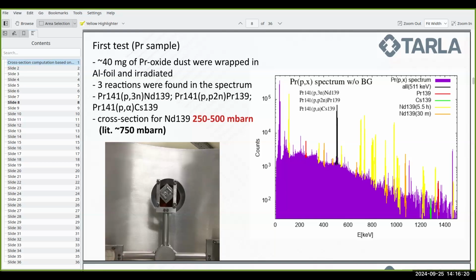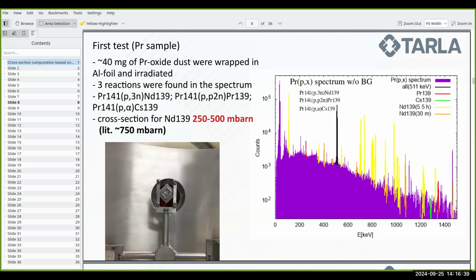For example, if you look at the very first peak around 100 keV, if you gate on that peak, all the non-yellow peaks would disappear because they are not in coincidence with it. So that would simplify the spectrum and enable a better determination of the cross-section.